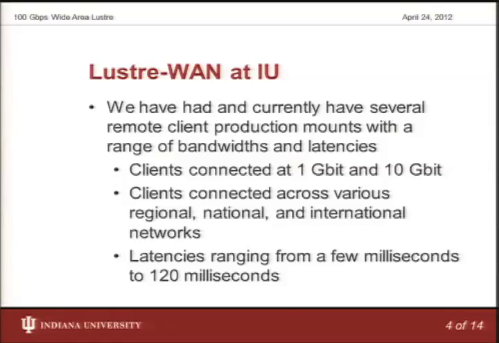And we connect across a broad variety of networks. So one of the big challenges when doing Lustre over the wide area is that you're sort of at the mercy of the network, and you can be spanning multiple national, international, regional networks. And the whole end-to-end network really needs to perform well in order for you to get good performance. And we've mounted file systems from a few milliseconds in latency up to over 100 milliseconds in latency.